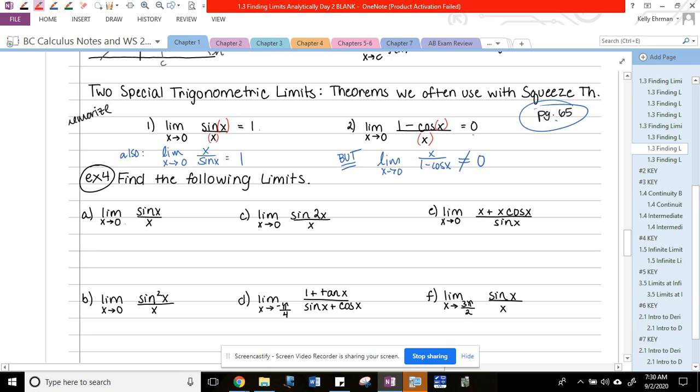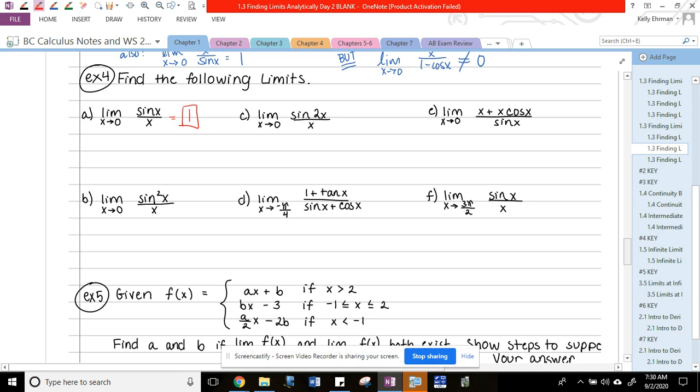So for now, part A, limit as x approaches 0 of sine x over x, no work to be done. It's equal to 1. If we go down to part B, now I have sine squared. I need to rewrite this. Limit as x approaches 0 of sine squared is the same as sine x times sine x. There's still an over x.